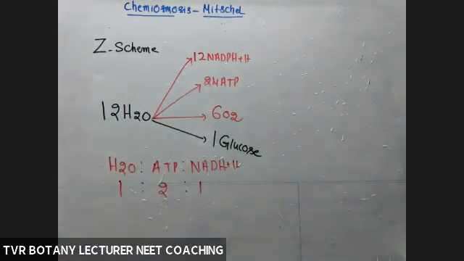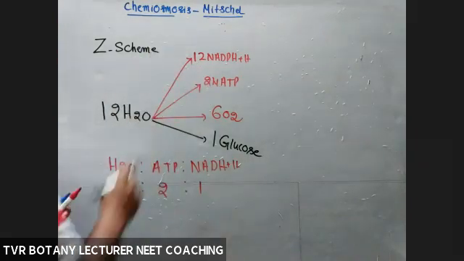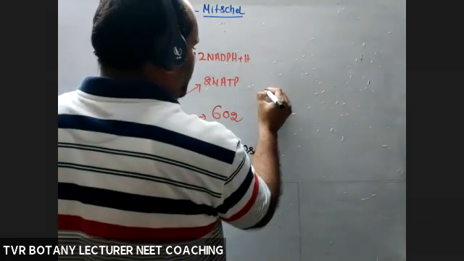These two are collectively called assimilatory power. So the non-cyclic electron transport system is able to convert radiant energy into chemical energy.